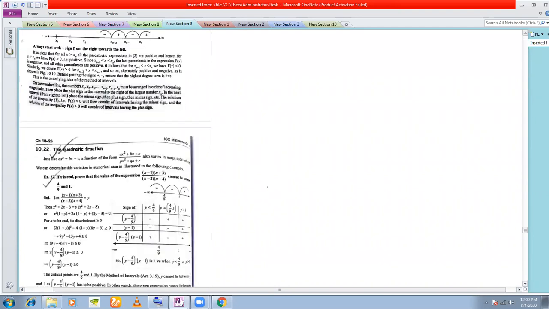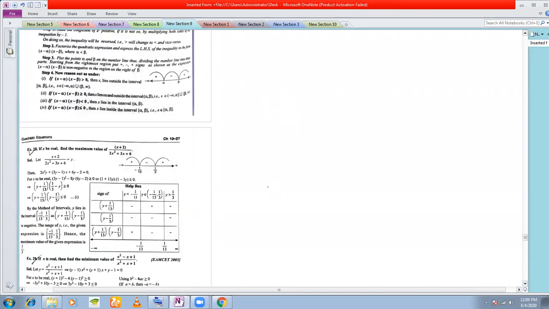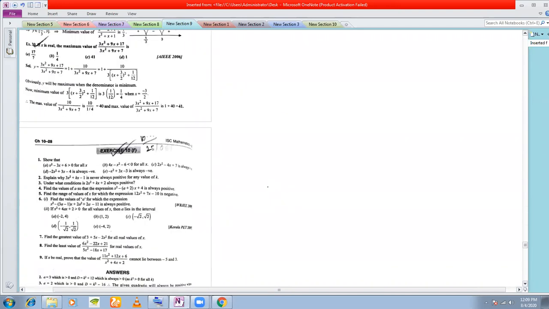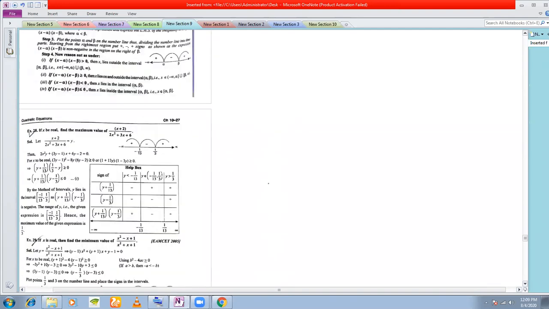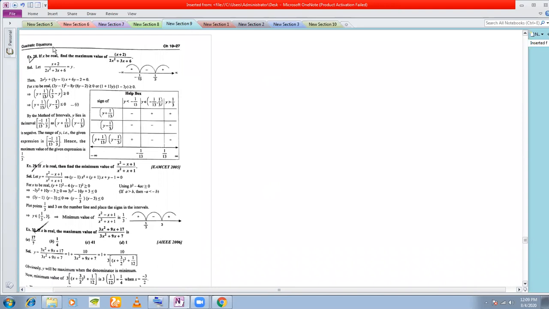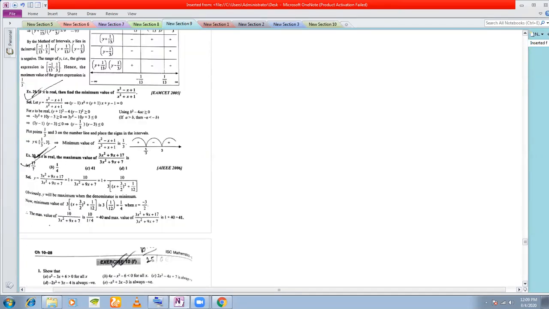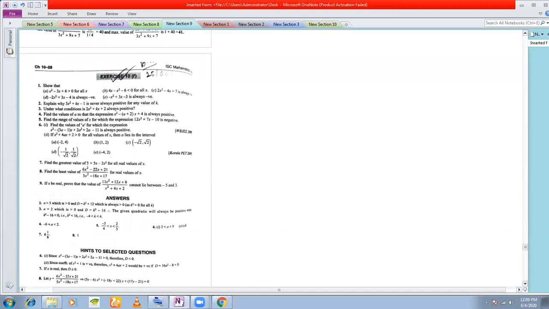Now, the main sums in this case will be, we just go through these sums. If x be real, find the maximum value of. If x is real, find the minimum value of. If x is real, find the maximum value. I'll show you the examples also.